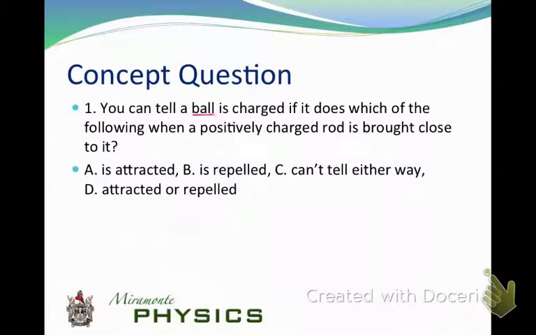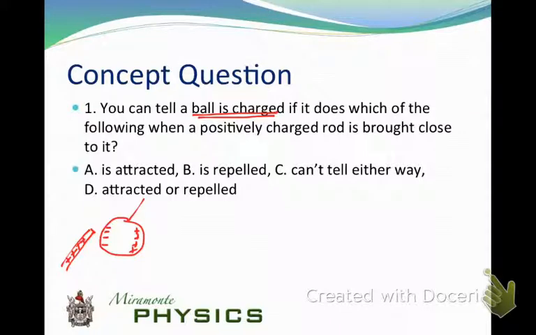So let's take you through why. Let's bring a positively charged object near a ball. One of the things we talked about yesterday is the fact that a metallic ball will become polarized. And so, if it's neutral, the ball is going to be attracted to the positively charged rod. So, can you tell if it's neutral or if it's negatively charged?